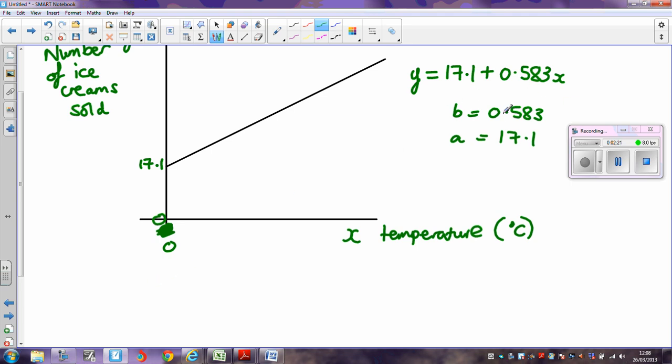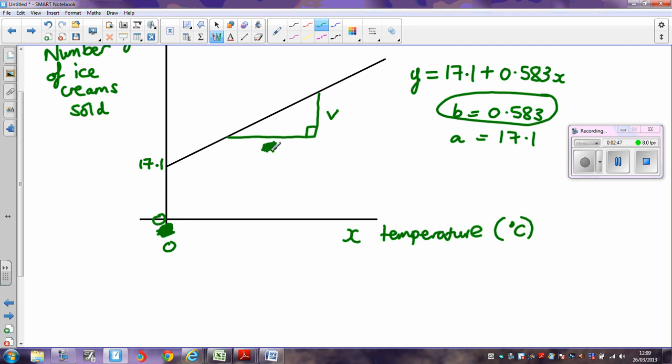The gradient, though, is a little bit harder to interpret. So let's have a think about what that actually means. If we look at our line, the gradient is 0.583. If you've got a gradient of 0.583, I draw in a right-angled triangle there. You know that gradient is vertical divided by horizontal, or if you like, rise over tread.